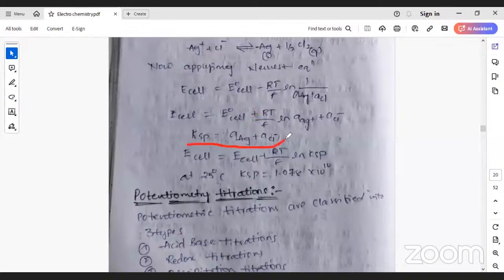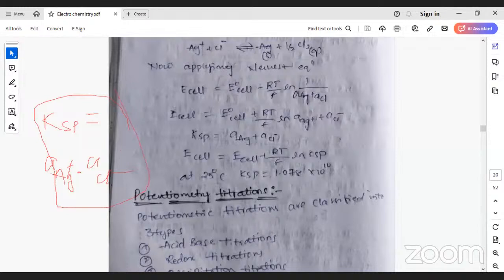Then Ksp, the solubility product, is the activity of Ag plus into the activity of Cl minus. This is not Ag plus plus Cl minus; it is Ag plus into Cl minus. So Ksp is equal to the activity of Ag plus into the activity of Cl minus.